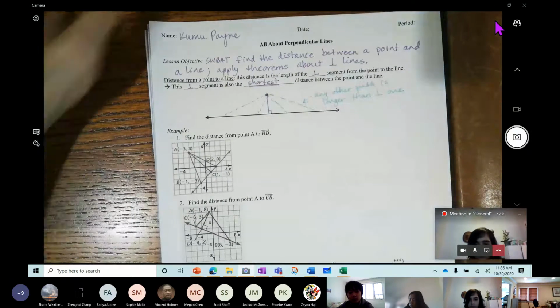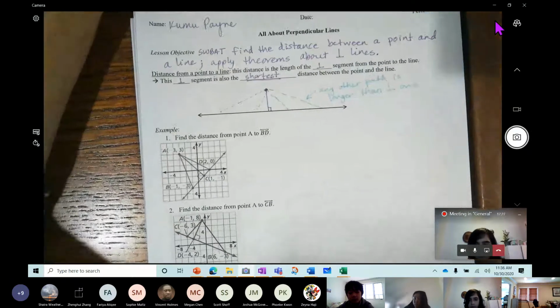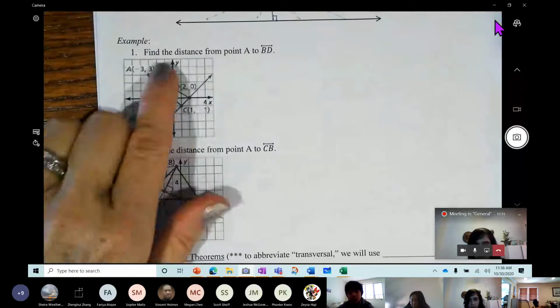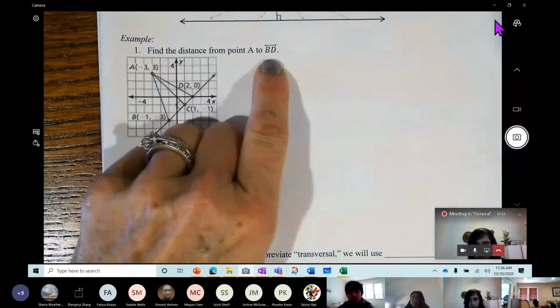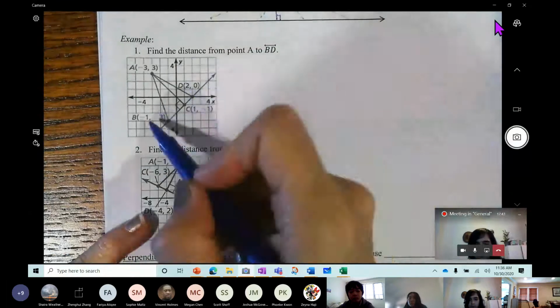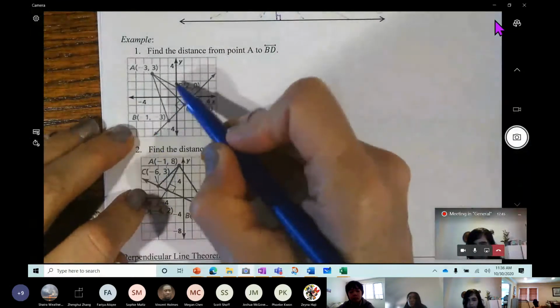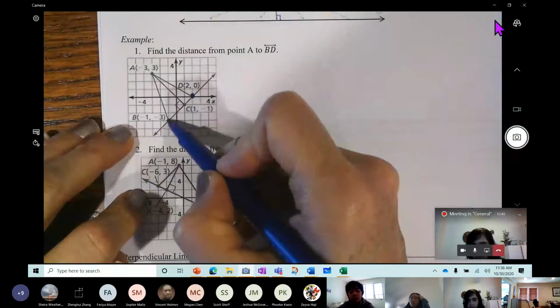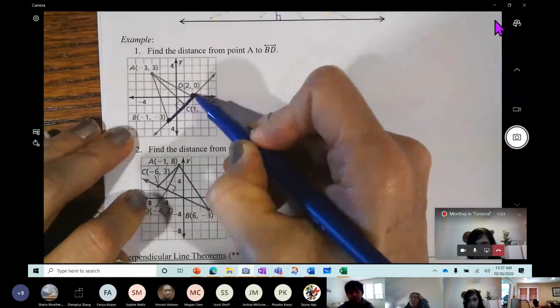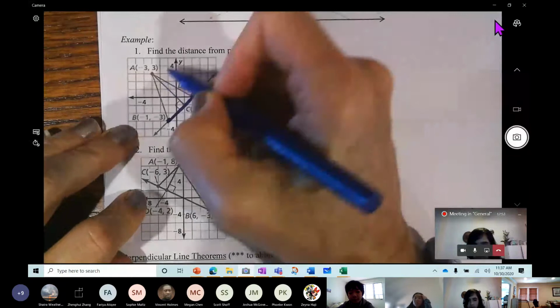Like I said, we're going to do a couple of problems where they ask you to find that shortest one. And so the first thing we're going to do is find the distance from A to BD. So the first thing I'm going to do is figure out where A and DB is. Okay, so here's B and here's D. And then A is over here.